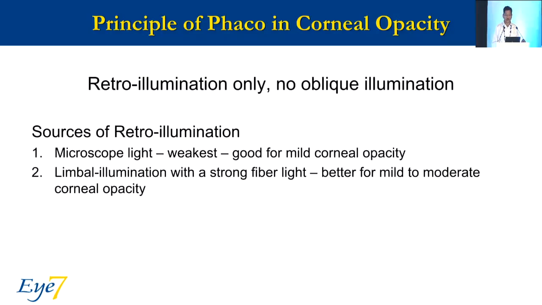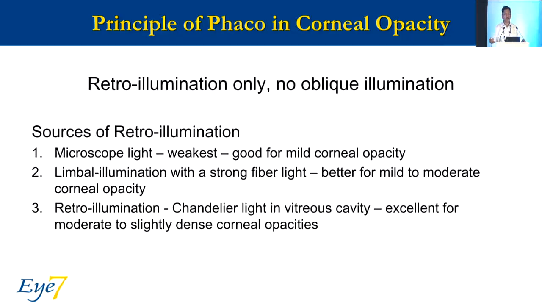Another source could be a limbal illumination with a strong fiber light, which is better for mild to moderate corneal opacities. Then people worked on the chandelier light as a source of strong retro illumination, and we found it to be an excellent tool for such situations.